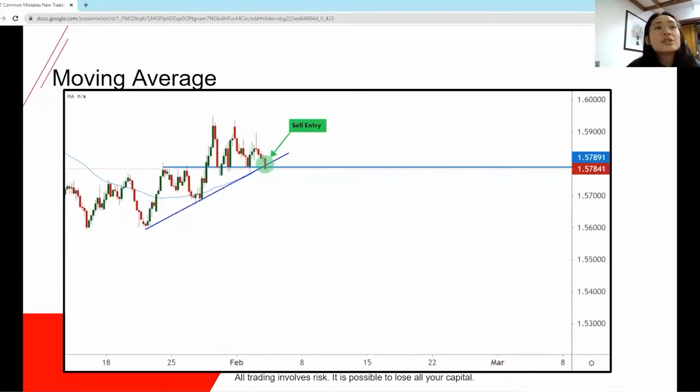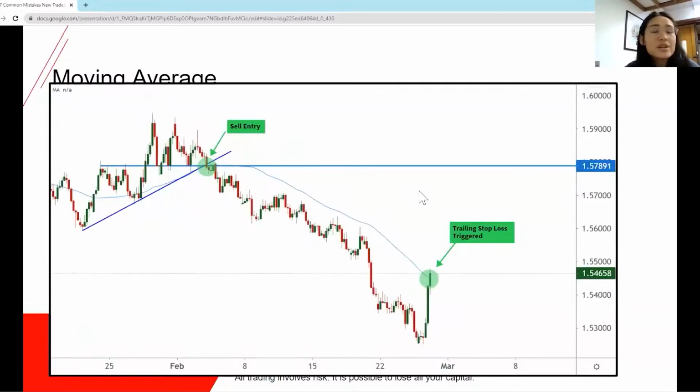So here is an example of using the moving average trailing stop loss. Our sell entry is over here at our green highlighted circle. You can see our trailing stop loss is triggered once price hits our moving average indicator. It's pretty straightforward. You're basically making use of the indicator to get out of a trade.